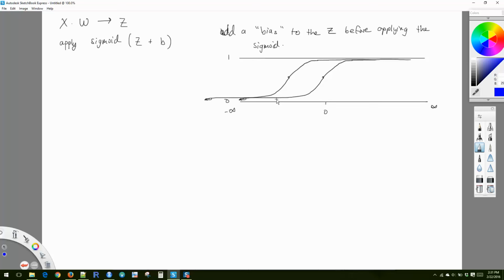But if b is equal to 3, then effectively I've shifted this inflection point to -3 now.